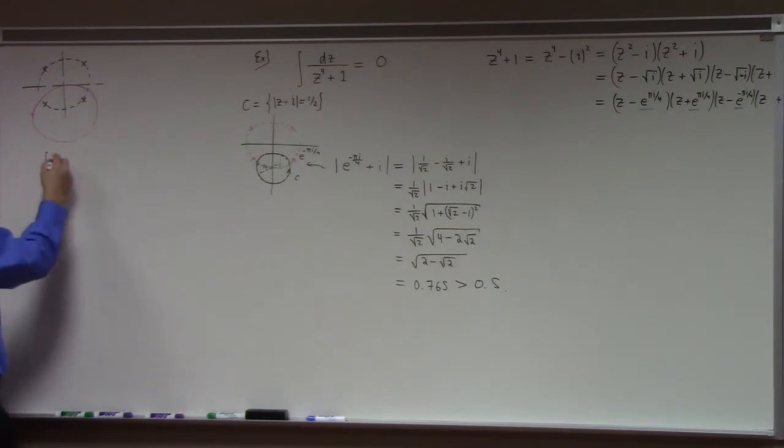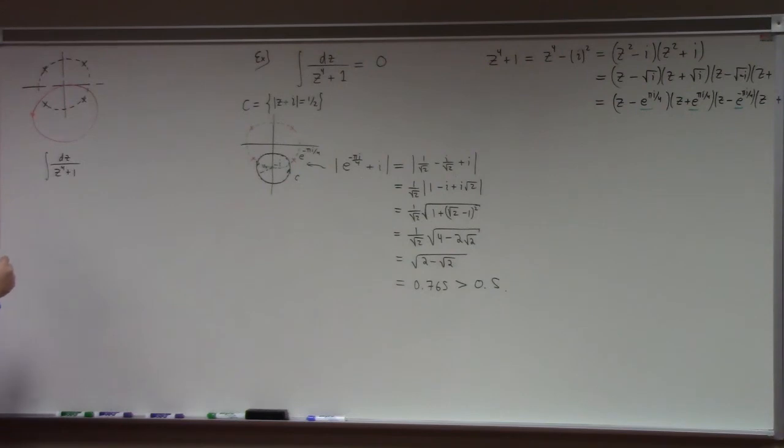Now the trouble here, right, is that it's not quite the right format to use Cauchy's integral theorem, because this thing has two singularities inside the loop, right?